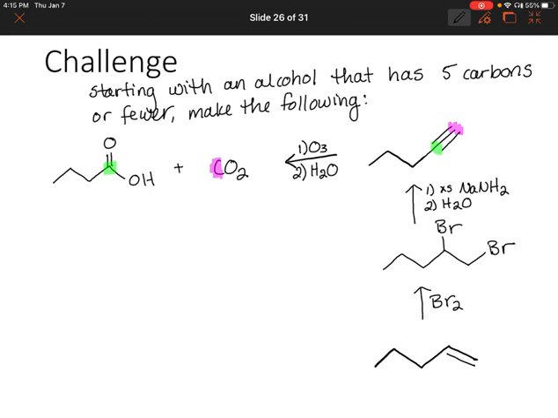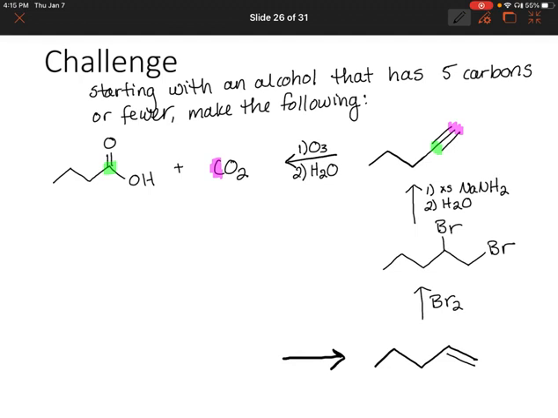So now, how can we make an alkene? Is there any sort of elimination reaction we could perform to make our alkene? And is there any way that we could go from an alcohol to an alkene? Yes.